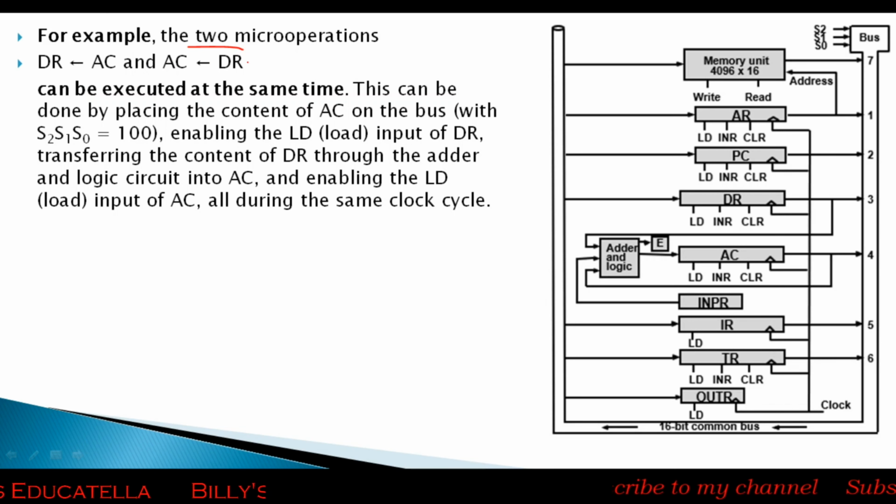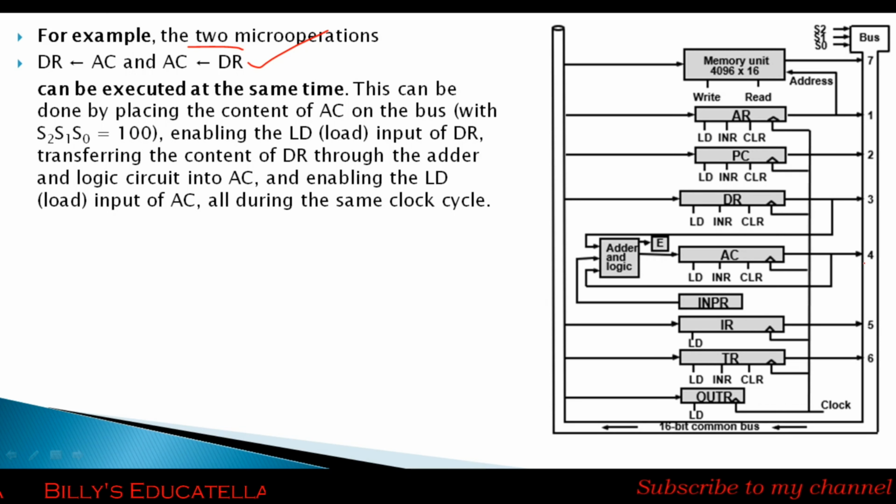As we discussed, this is a common bus, so they can be executed simultaneously, and this can be done by placing the content of AC on the bus with selection lines S2, S1, S0 equal to 100. The selection line of AC is 4, so the value is 100.